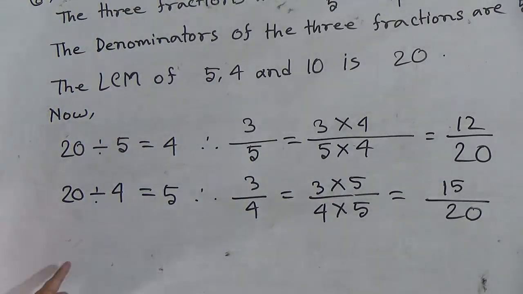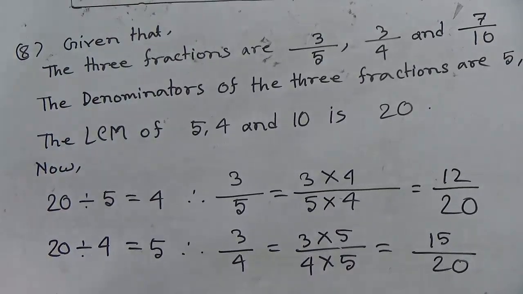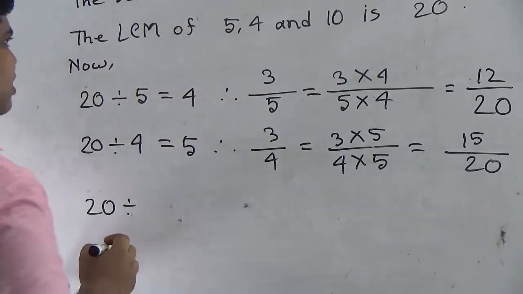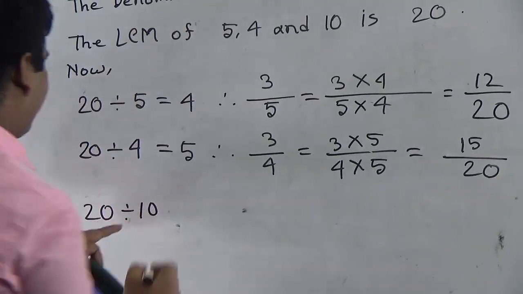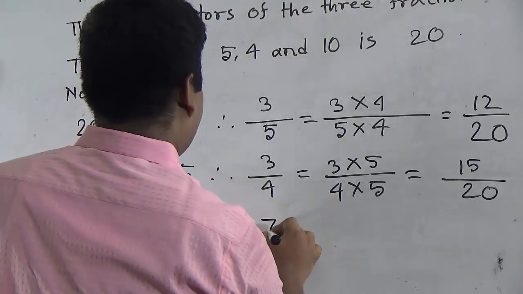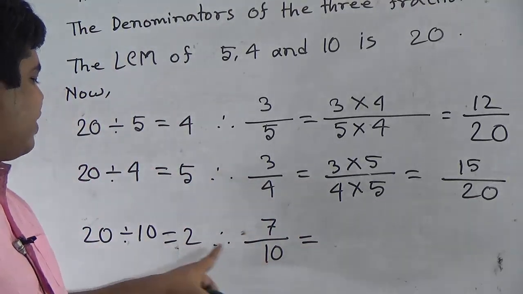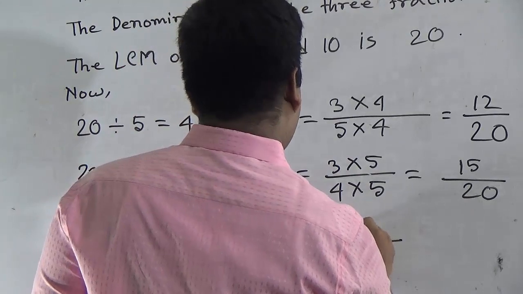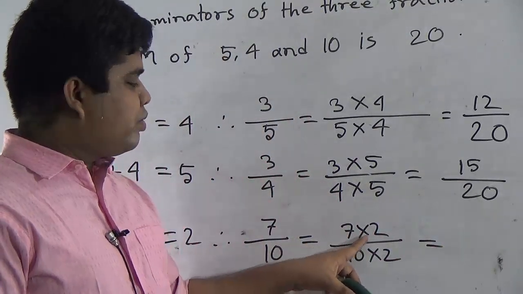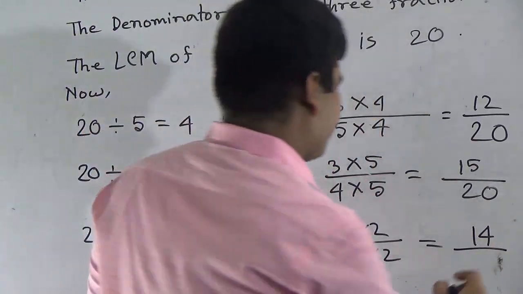We do the same for 7 by 10, the third fraction. 20 divided by 10 is 2. Then 7 by 10, multiply both numerator and denominator by 2: 7 twos are 14 and 10 twos are 20.